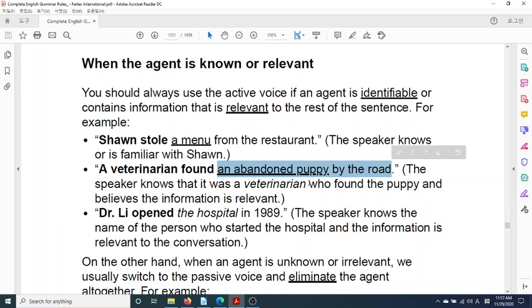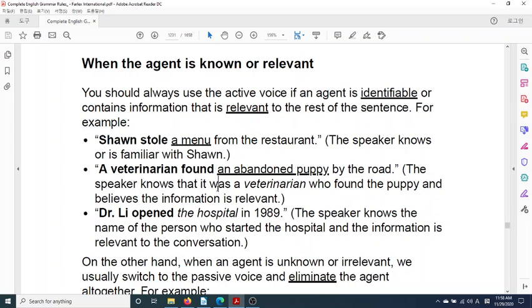Here, maybe that's important, right? Maybe that's important so you understand that the puppy is now safe and taken care of, but otherwise it's not quite as important. Now, if it was a veterinarian that the speaker knew, right? Oh yeah, my sister, the veterinarian, she found an abandoned puppy by the road.